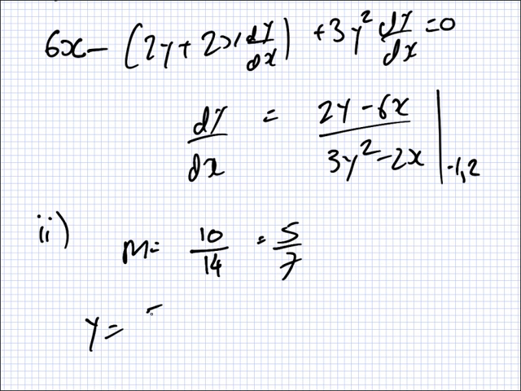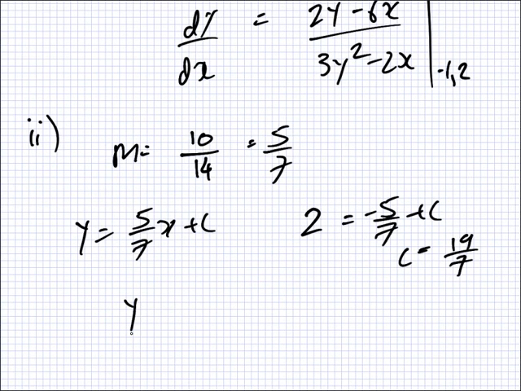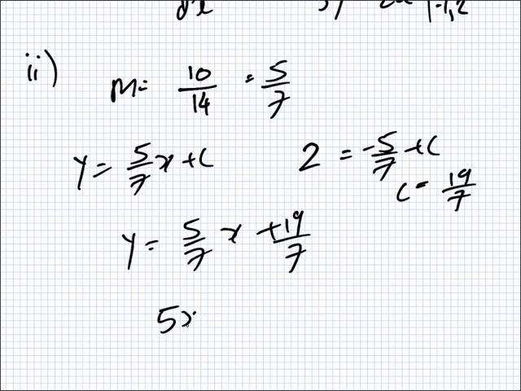So y equals 5 over 7x plus c. Now we get the c. 2 equals minus 5 over 7 plus c. So c is 19 over 7. Yeah. So you get y equals 5 over 7x plus 19 over 7. So that's 5x minus 7y plus 19 equals 0, when you rearrange it.